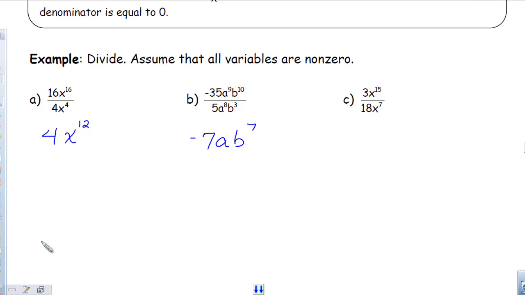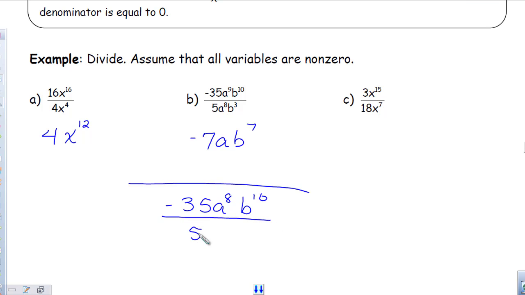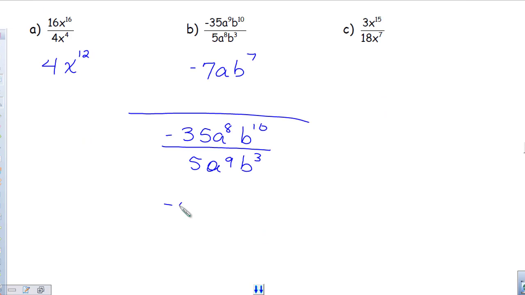Somebody gave us just, like let's say it was swapped, so it was a to the 8th over a to the 9th. Then we have to put that over. Okay, if we had negative 35, a to the 8th, b to the 10th, and then over 5a to the ninth, b to the 3rd. Okay, so what I would do, we still get negative 7.